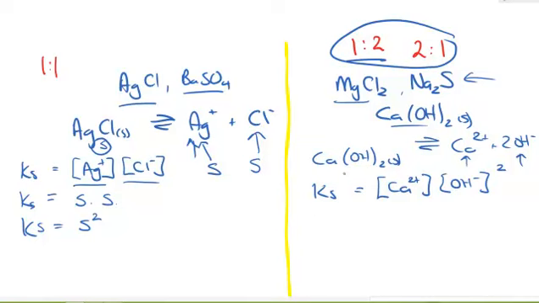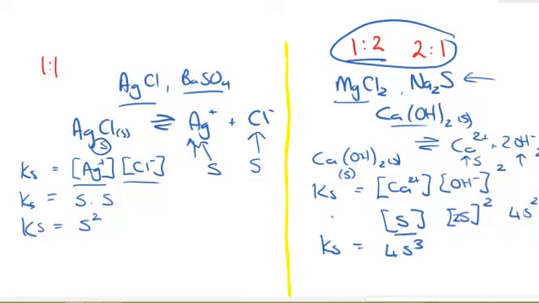Okay, and on this side, the solubility of calcium hydroxide is going to be equal to the concentration of calcium ion, but it's going to be twice that for the hydroxide ion concentration, because for every one of the calcium ions you get two of the hydroxide ions. So when you put that into the expression, there's a 2 there, squared, and that becomes 4S squared, and it's times by S, and that equals 4S cubed.